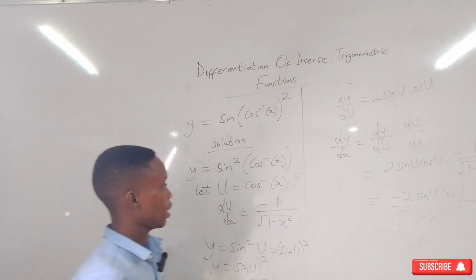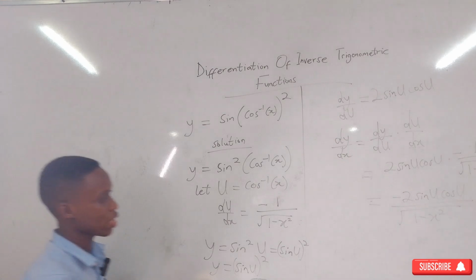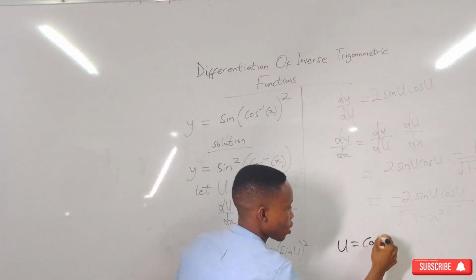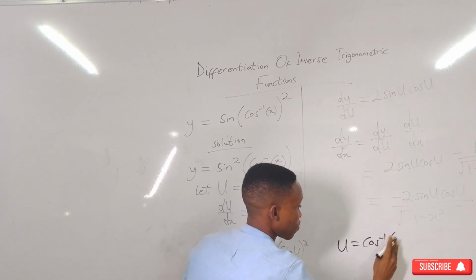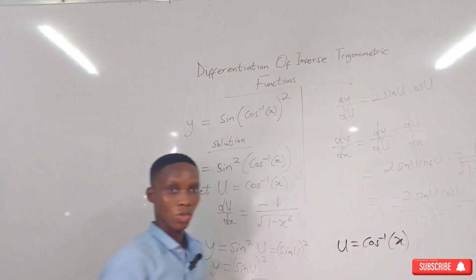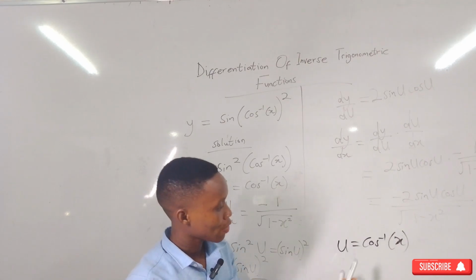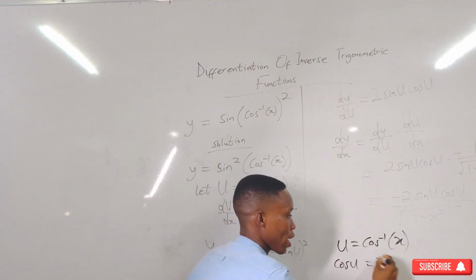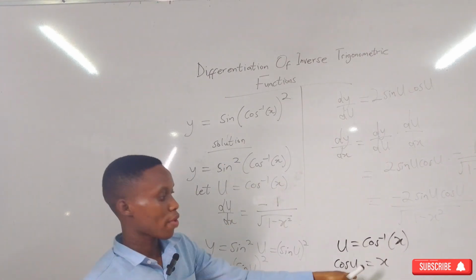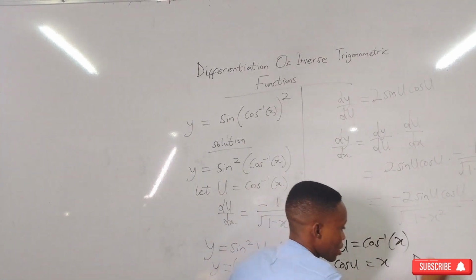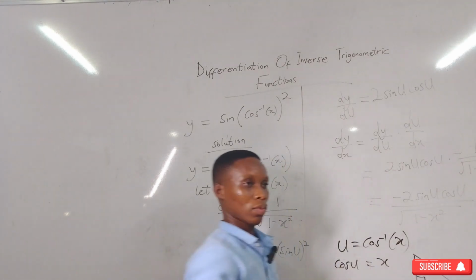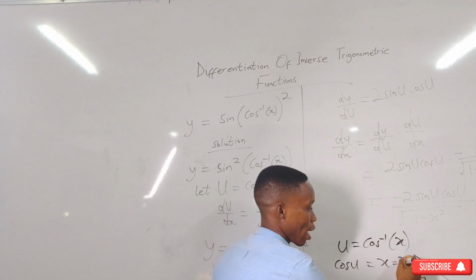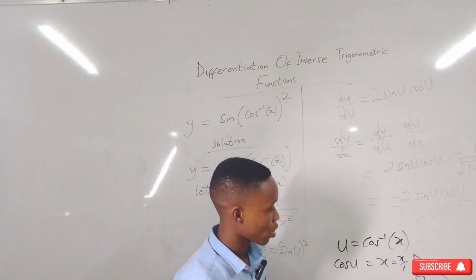So having this, let's come back to our u here. We said u is cos inverse of x. That means I can rewrite this as cos u equals x. Let's represent this in a right angle triangle. Cos u can be written as x, which is x over 1.